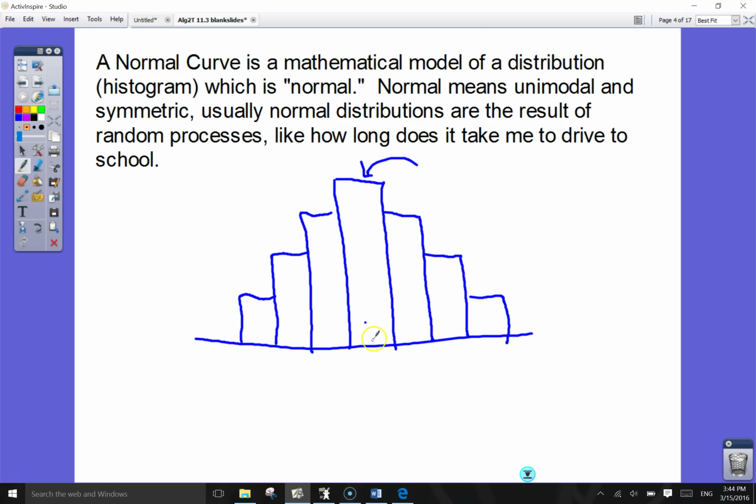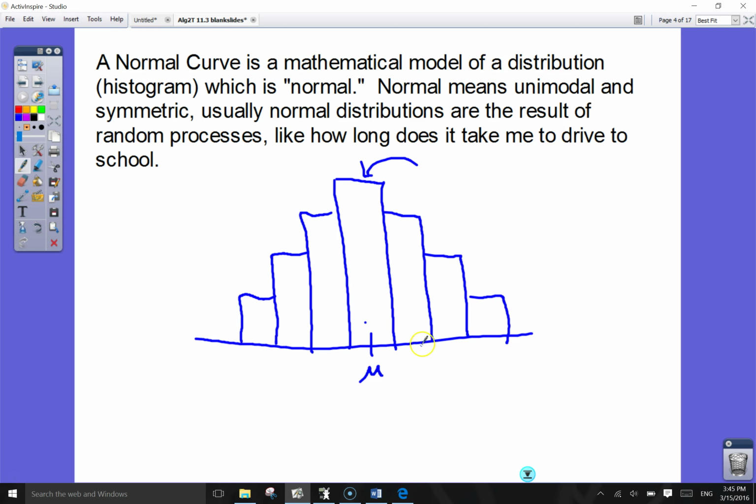Clearly, there is an average time that it takes me, and probably most days that's pretty much where I'm at. That would be the mean. If I have some occurrences where it takes me longer than average, but not by much over the mean, and some occurrences that take me less time than average, but again, only a little bit lower than the mean.